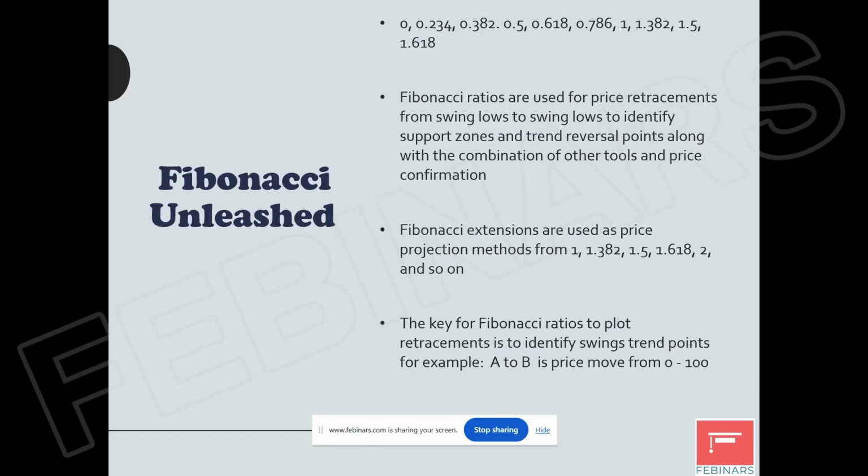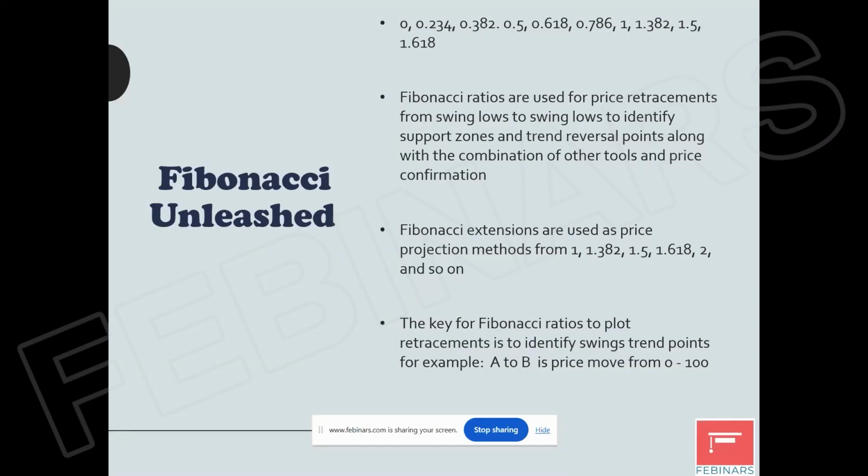So usually Fibonacci ratios are used for price retracements, as we call them, and price extensions, to identify the swing highs and swing lows. The marking is done from point A towards point B to understand the retracements or to project the targets. Price targets can be projected or supply demand zones can be identified with the Fibonacci.